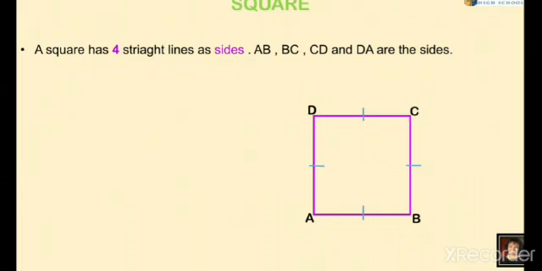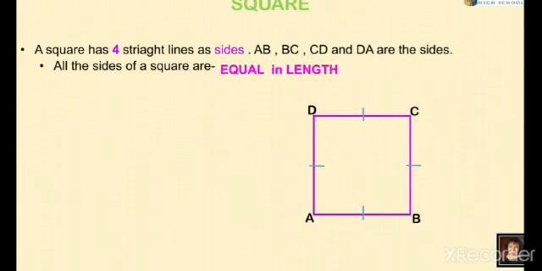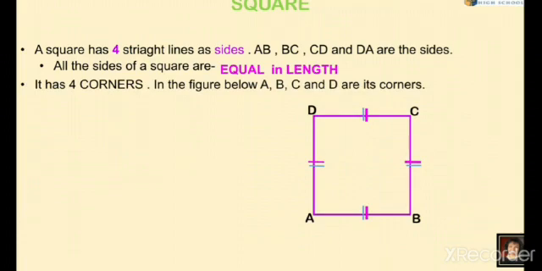All the sides of a square are equal in length. So all the sides, that is AB, BC, CD and DA, are equal in length.